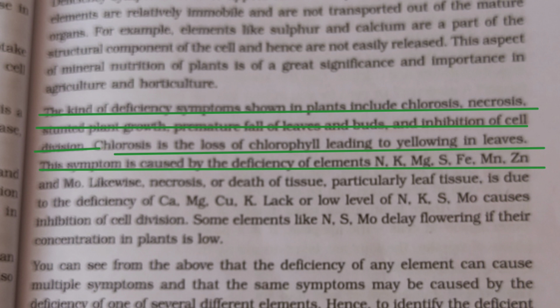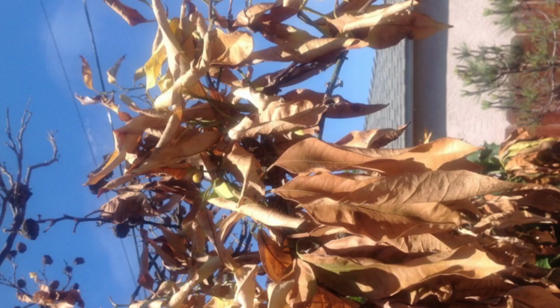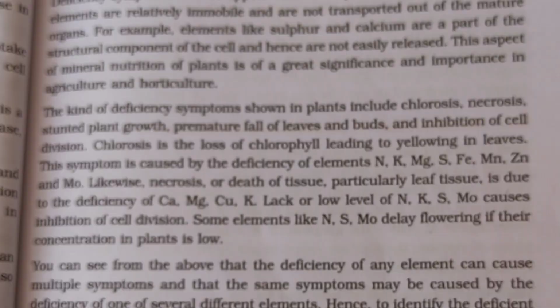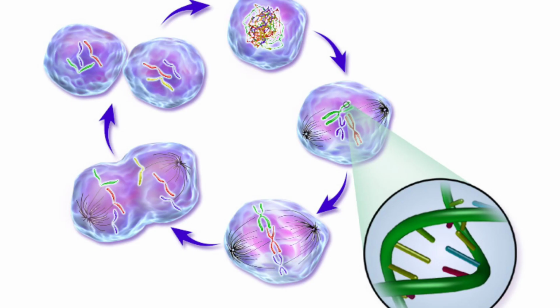Deficiency symptoms shown in plants include chlorosis, necrosis, stunted plant growth, premature fall of leaves and buds, and inhibition of cell division.